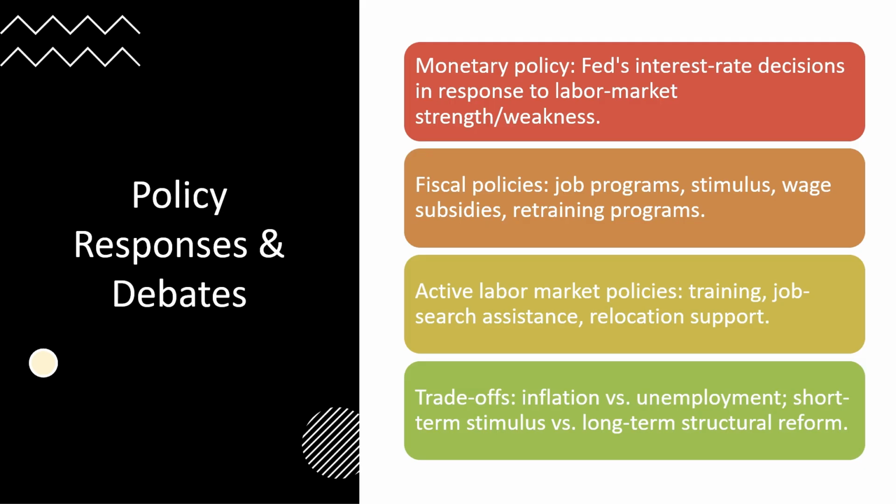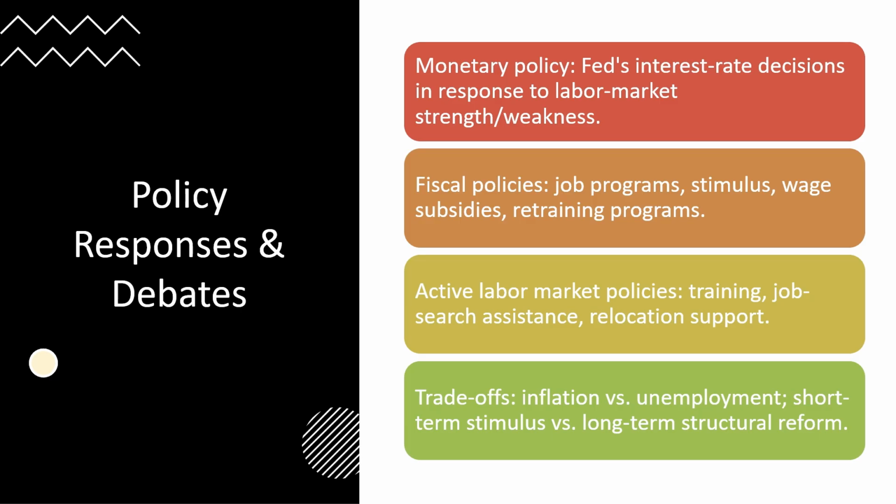The monetary policy, the Fed's interest rate decisions in response to labor market strength and weakness. So one tool that the Federal Reserve has is that if there is a high unemployment rate and companies don't want to hire, then what the Federal Reserve could do is lower the interest rate, which makes borrowing cheaper and allows companies to spend a little bit more money on hiring workers.